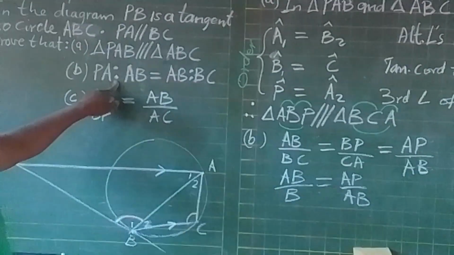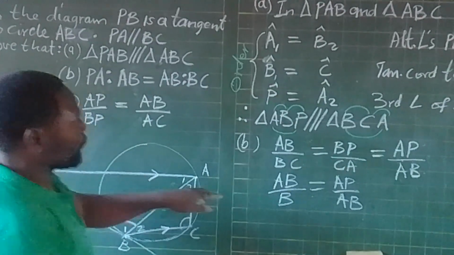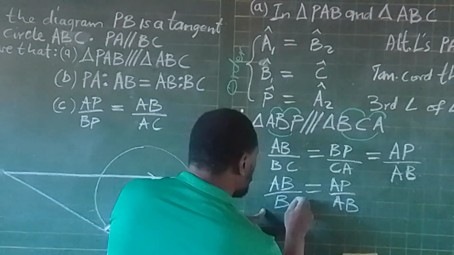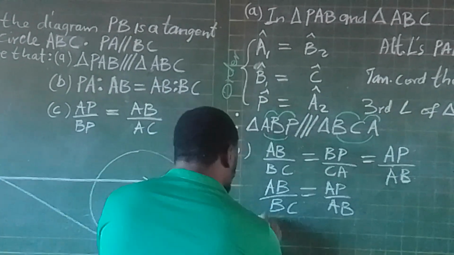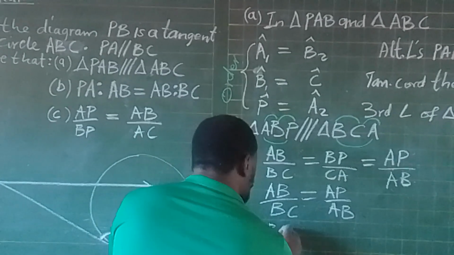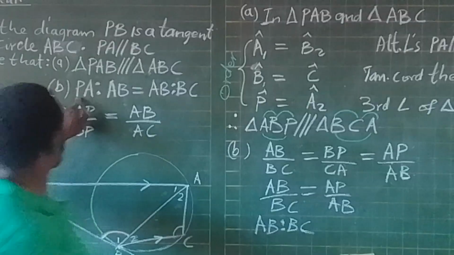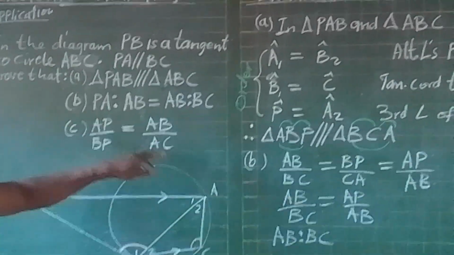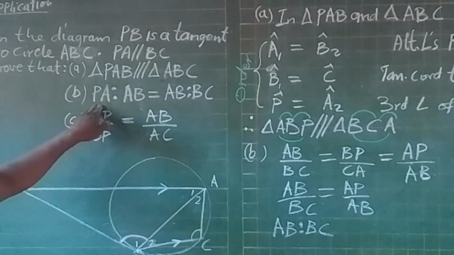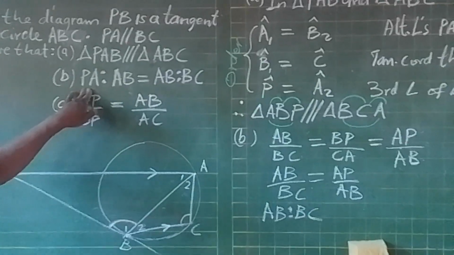Now you check. This is division. AB over BC. You take your AB divide by BC. We are at B, right?